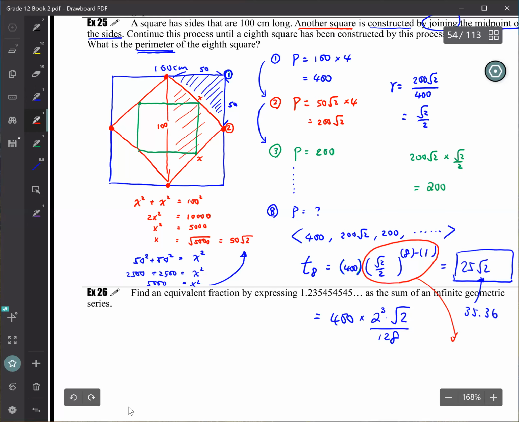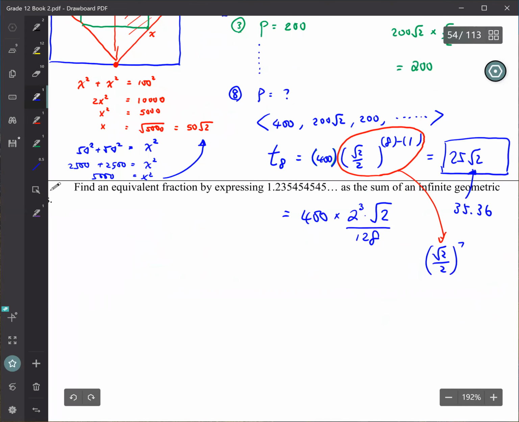So this part is the same as root 2 over 2 to the 7, right? The exponent applies to both numerator and denominator. So you would have 2 to the 7 on the inside and outside. For the denominator, 2 to the 7 is 128. So that's where the 128 comes from.